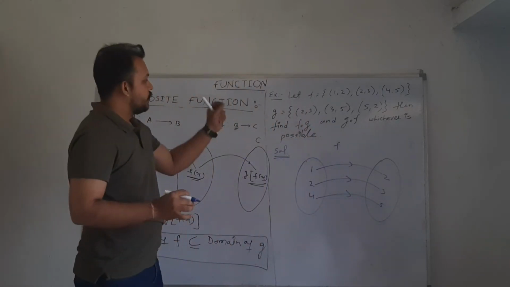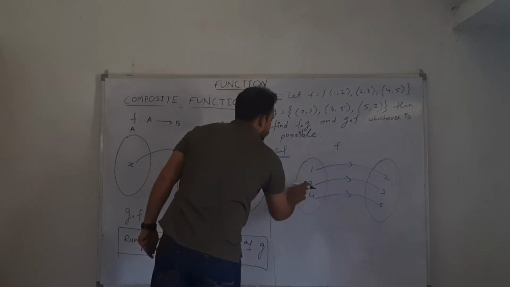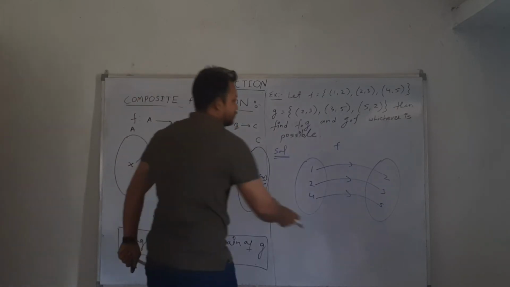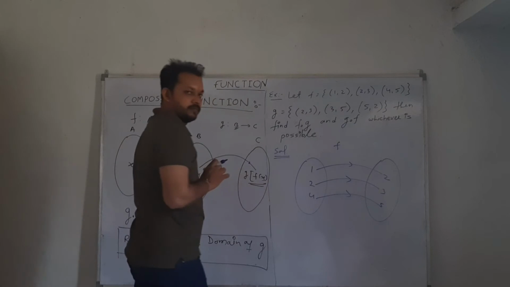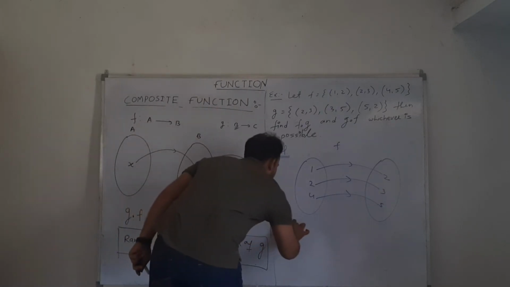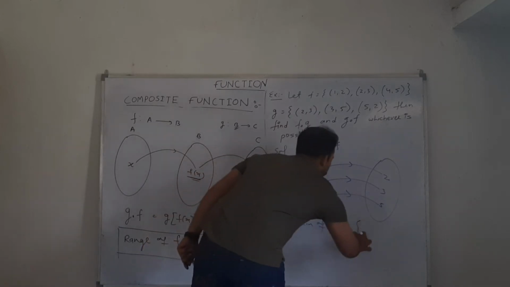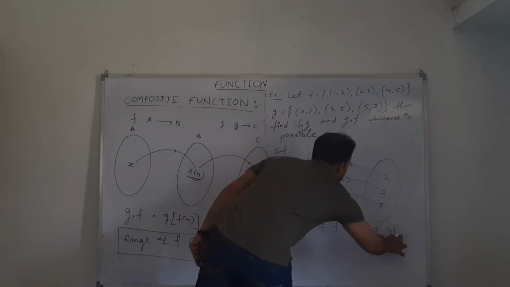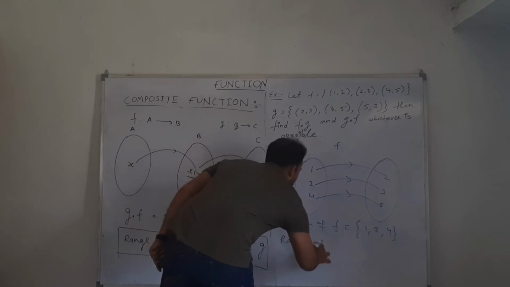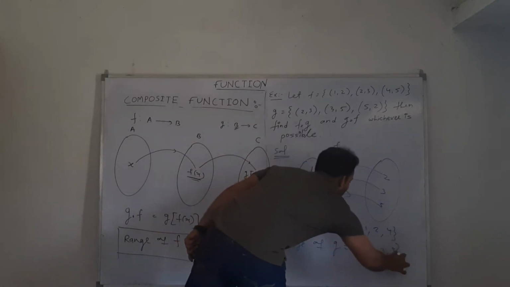So from here we can simply find that the domain of the function is {1, 2, 4} and the range of the function is {2, 3, 5}. So domain of f is equal to {1, 2, 4}, and in the same way, range of f is equal to {2, 3, 5}.